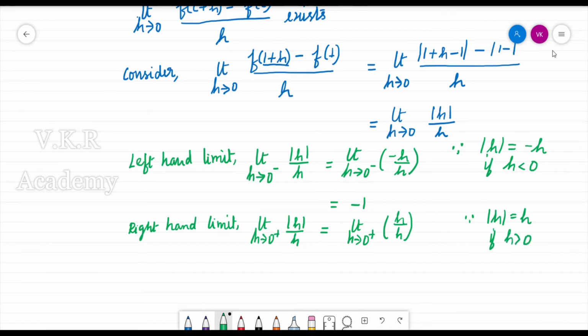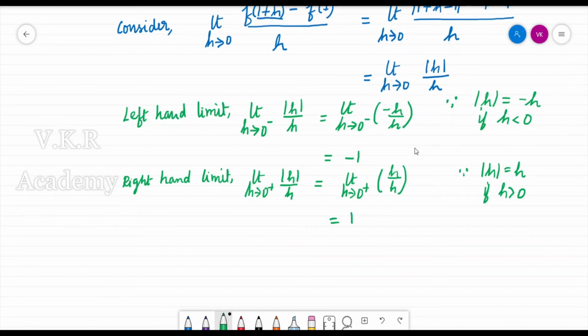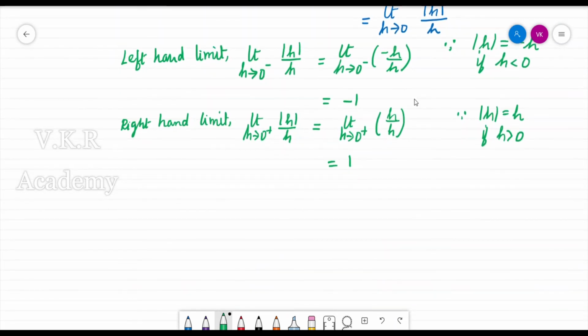So that is equal to 1. So the left hand limit is not equal to the right hand limit. So this implies limit h tends to 0 mod h by h does not exist.